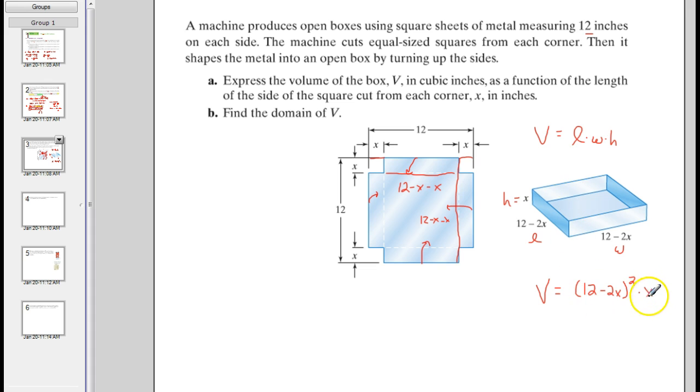Alright, this part is saying we just need positive values, so x is greater than 0. And then this part can't be negative either. So 12 minus 2x squared has to be greater than 0 basically.